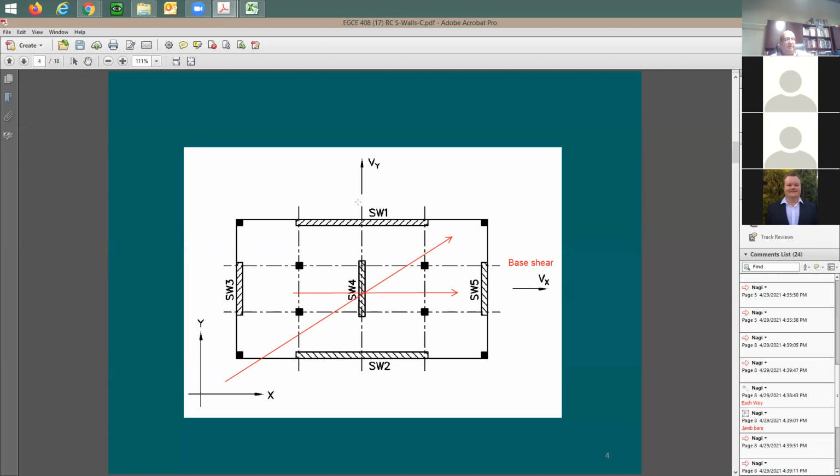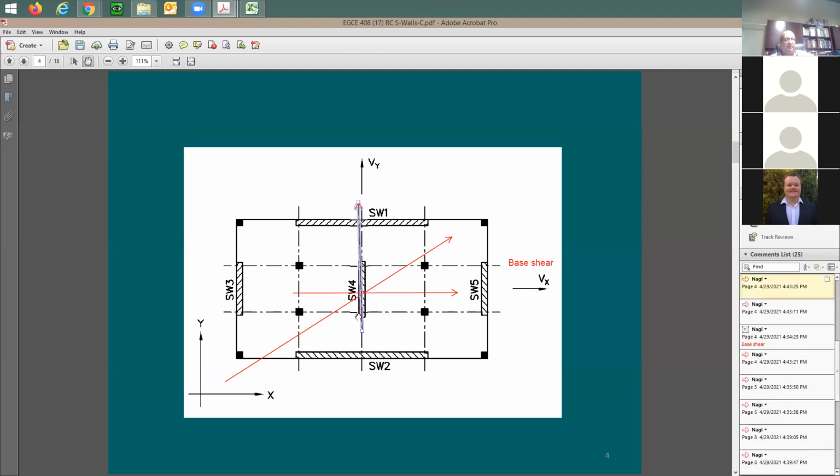One component is going to be in the x direction, and the other component is going to be in the y direction. This component you can call Vx, and this component you can call Vy. So when the earthquake comes at any angle, you can just resolve it into two components. It's going to be that simple.